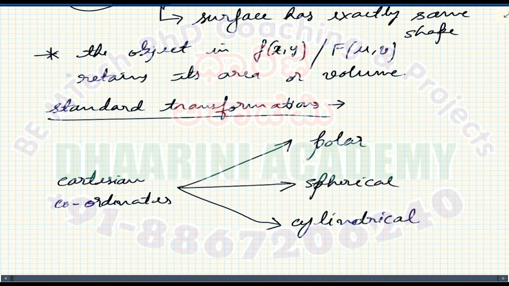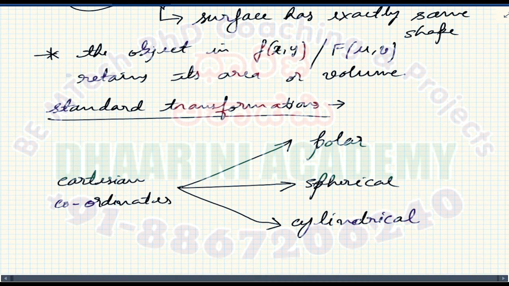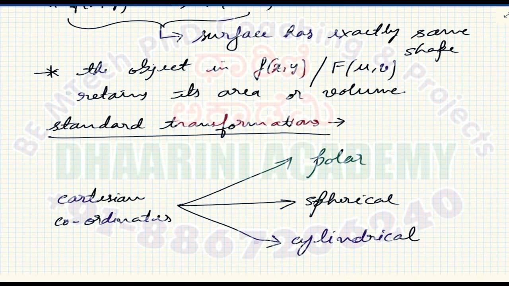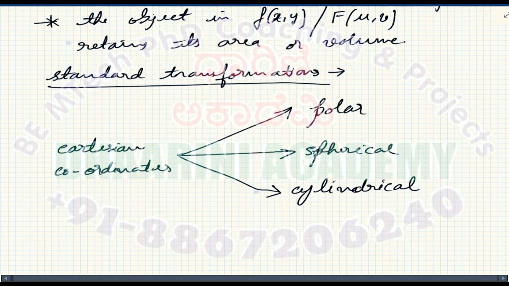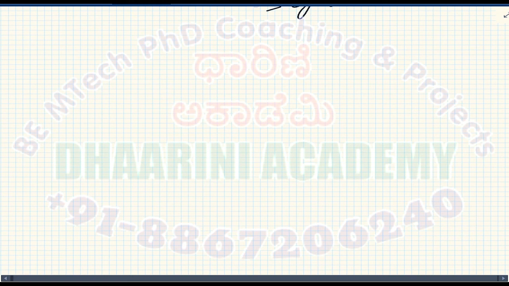These three coordinate systems are generally used in engineering depending on the problem and the type of symmetry expected in solving the particular problem. Therefore, in order to convert f of x y to capital F of u comma v, we can use the partial derivative and the chain rule of partial derivatives as follows.